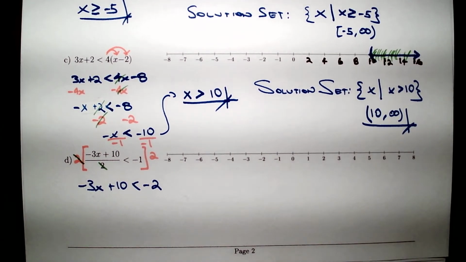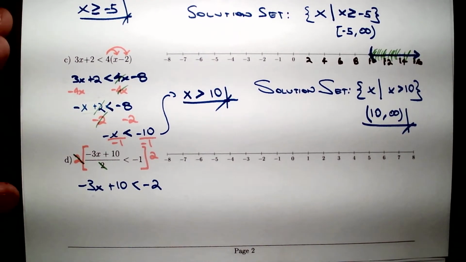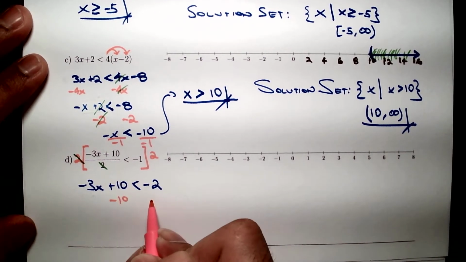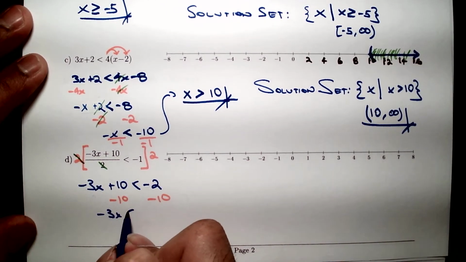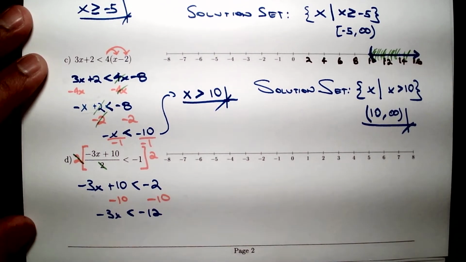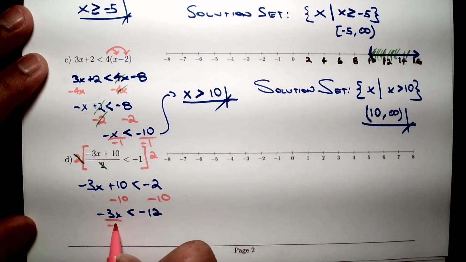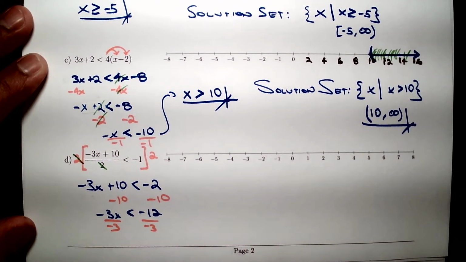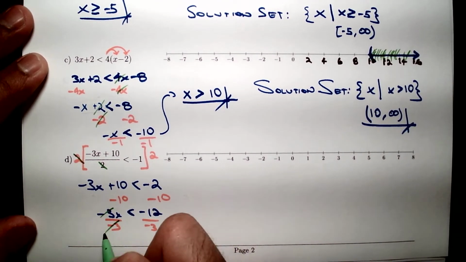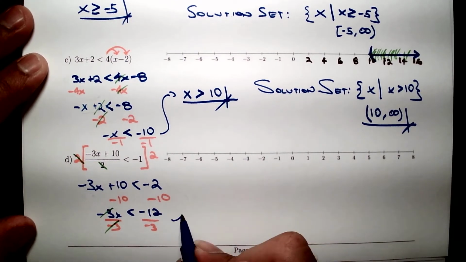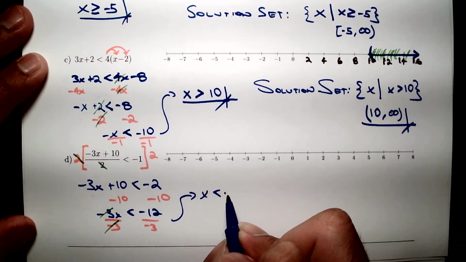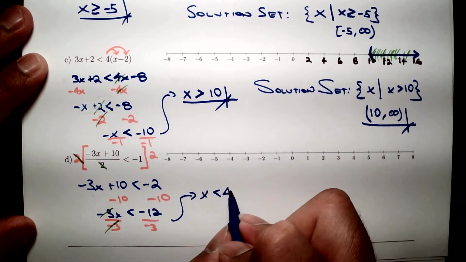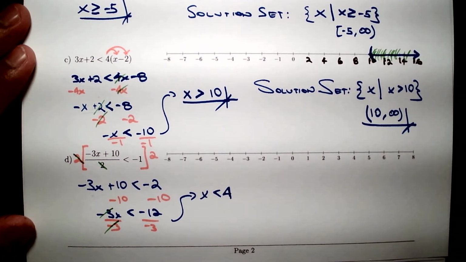From there, well, let's subtract 10 to get -3x less than -12, and divide both sides by -3 to divide out these -3's, and x less than actually 4.